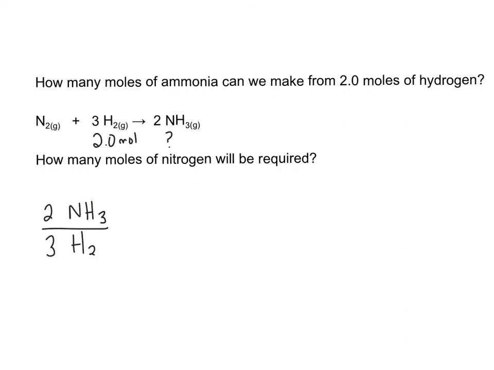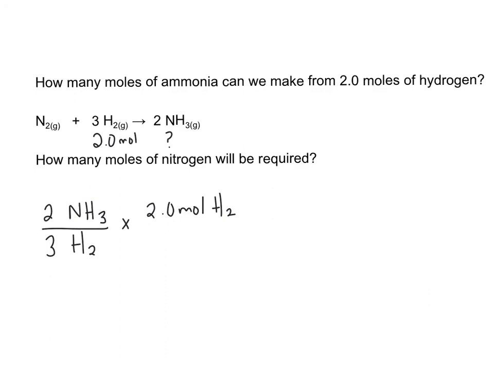So 2 moles of ammonia are made from 3 moles of hydrogen, or 2 molecules of ammonia are made from 3 molecules of hydrogen. And we put a multiplication sign in, and we know we have 2.0 moles of H2.